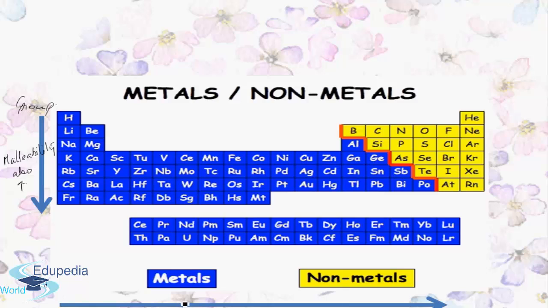And when we move from left to right in a period, the metallic character decreases, so the malleability property of elements decreases, right? So we can conclude that sodium has less malleability than francium, or that zinc is less malleable than potassium, right?